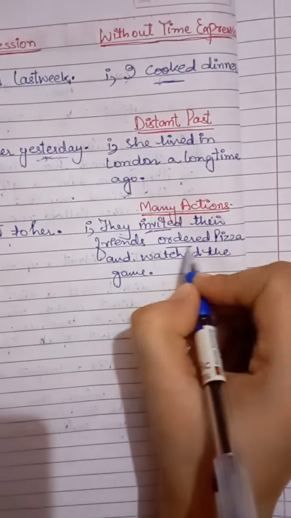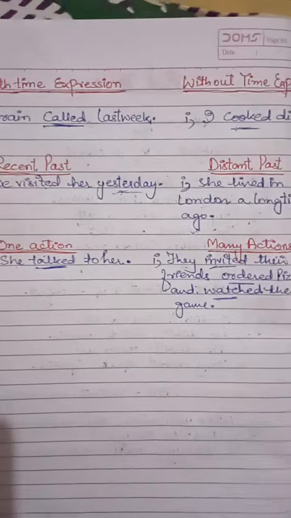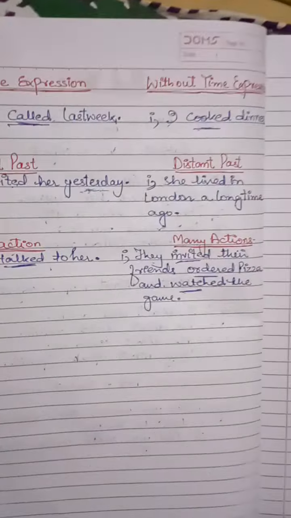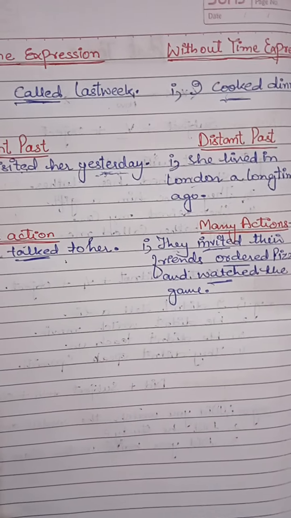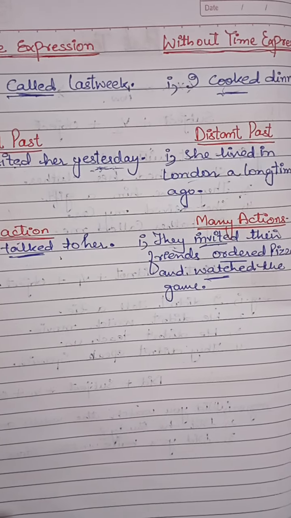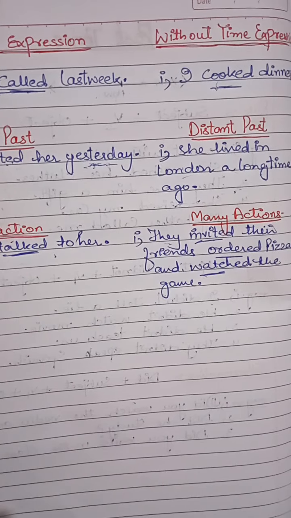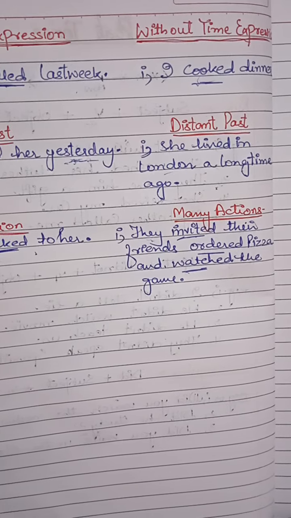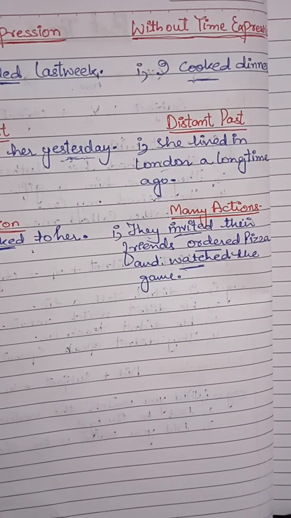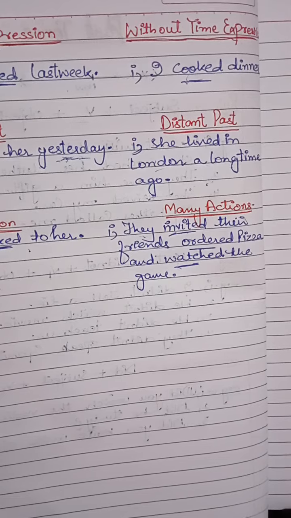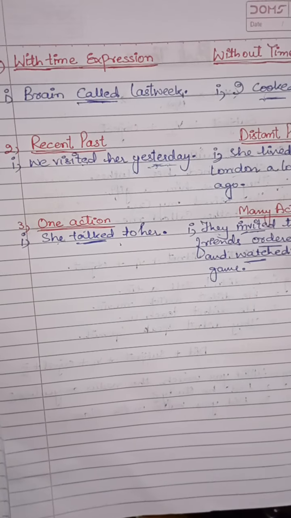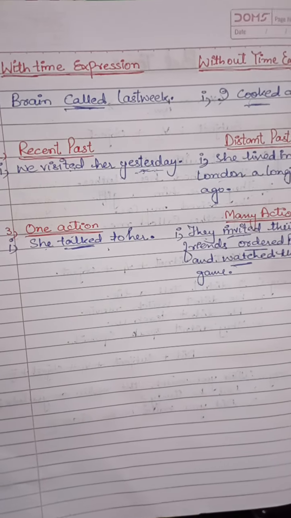Second form. We can use it for many actions in one sentence. So here we have 3 verbs. Doesn't matter, you can have as many verbs as you need, and it's not a problem. So these are the main situations in which you can use the past simple tense freely and easily.